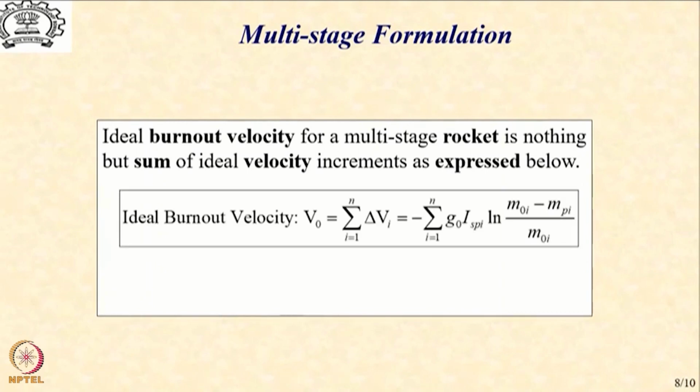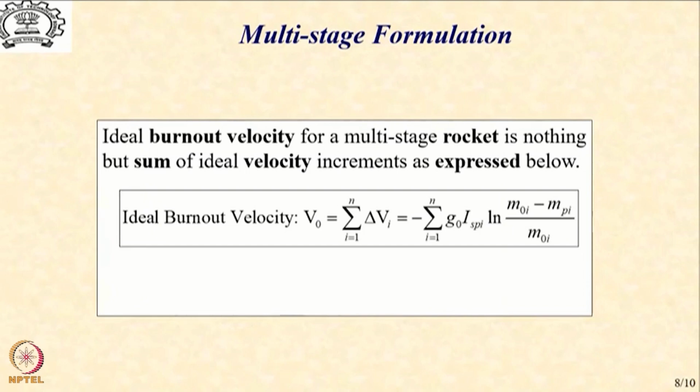We already know from our earlier discussion that the ideal burnout velocity from an ith stage is nothing but g0 Isp_i ln of (m0i minus mpi), which is nothing but mfi, divided by m0i. Of course, we just use the minus sign here.